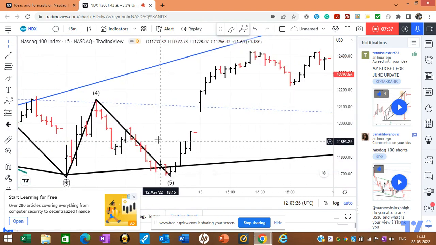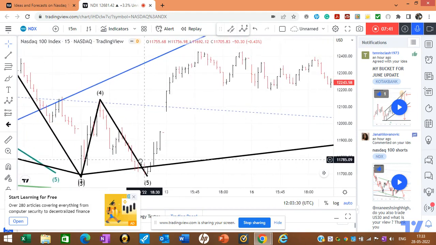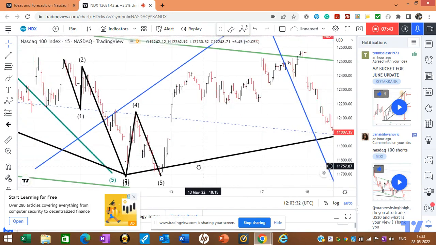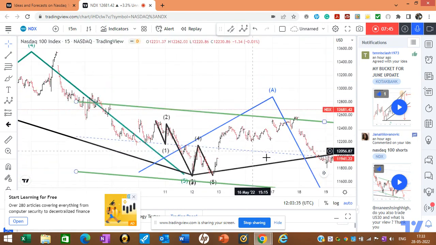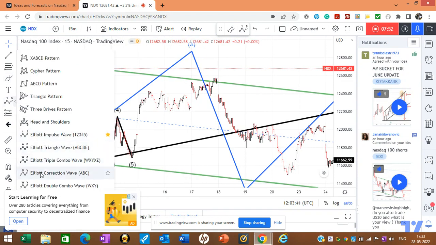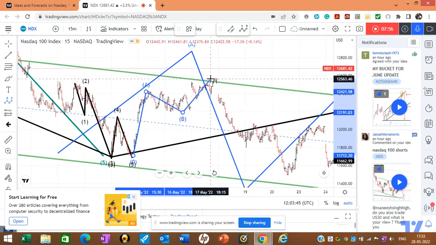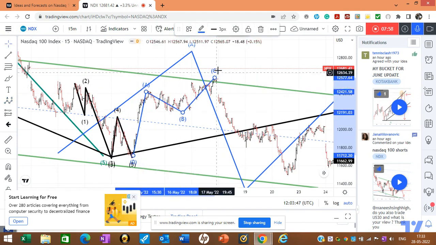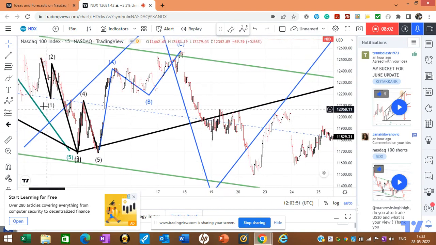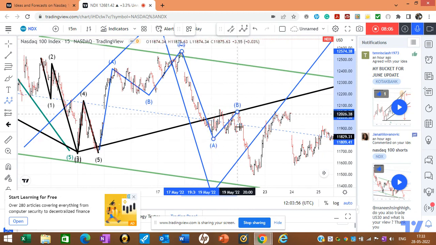So if I see this technically, then this would be a three wave move only. The new wave would be like this: A, B, and C, 5, 3, 5. And then this would be 5, 3, 5.